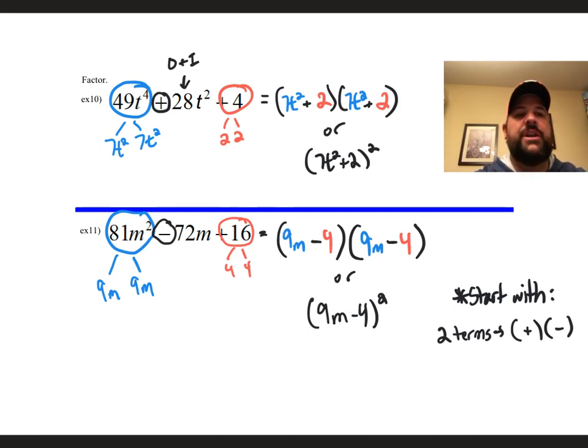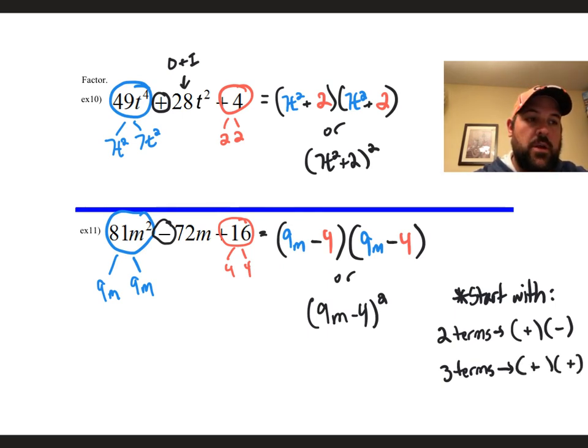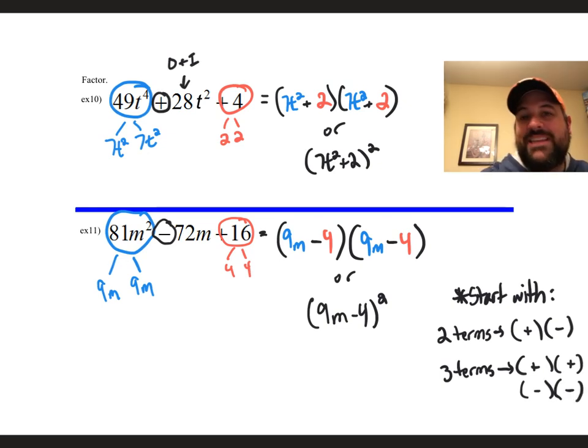If I'm starting with 3 terms, like I just saw in the last 4 examples, that means that I'm going to end up with the same binomials, either both plus signs or both minus signs. So what we need to do is pay attention to what we're starting with to determine which case am I looking at, different signs in the binomials or same signs.